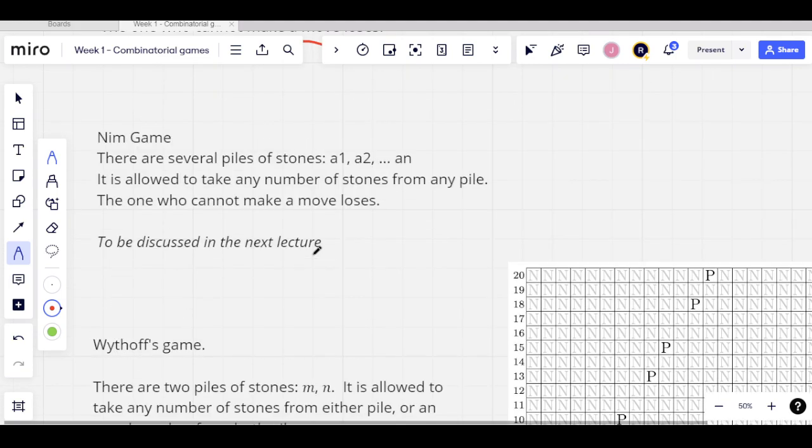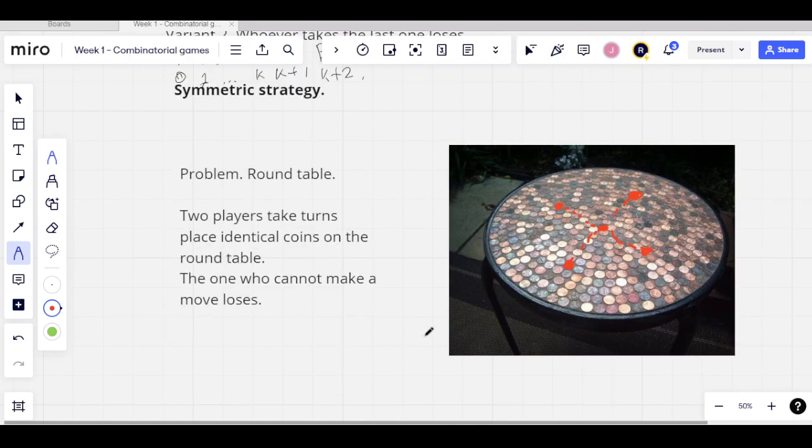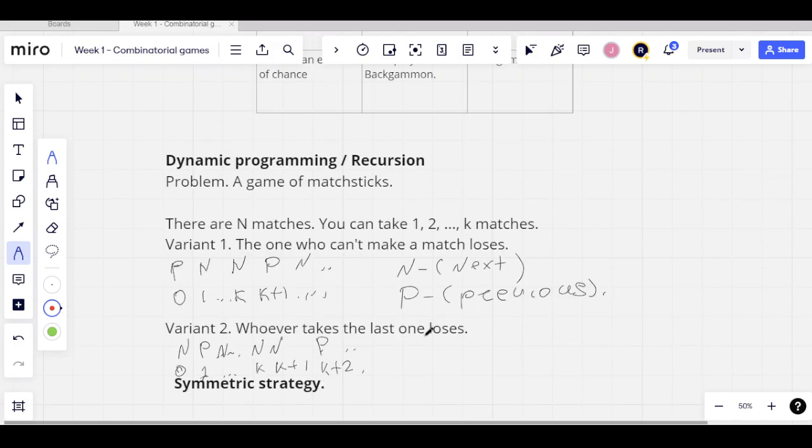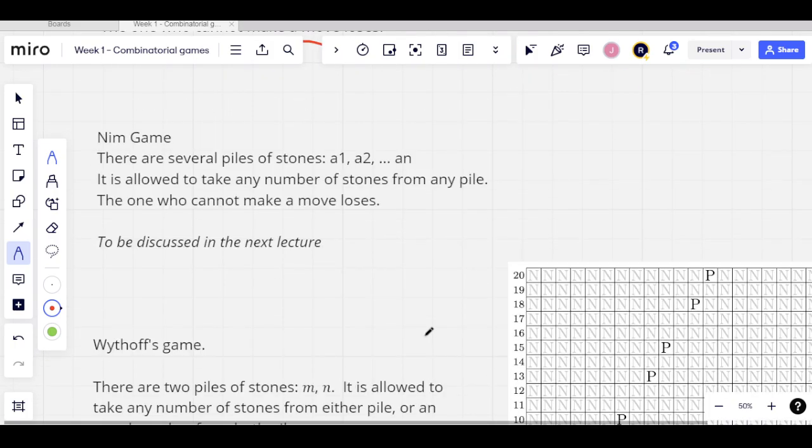Do you have any questions? I think it's clear. I think it's easy. Okay. We will consider the Nim game a little bit later, in the next lecture. But look at its description. There are several piles of stones.